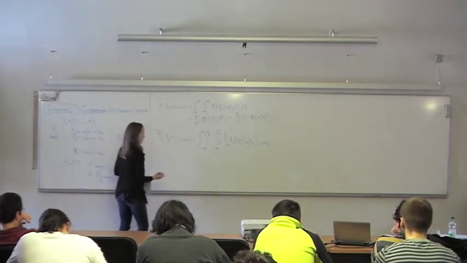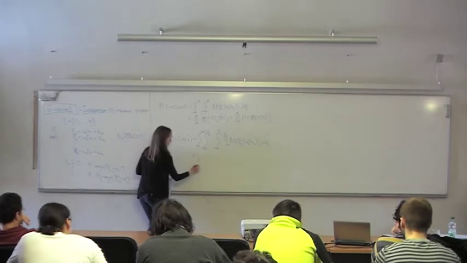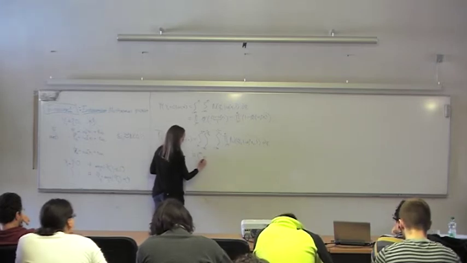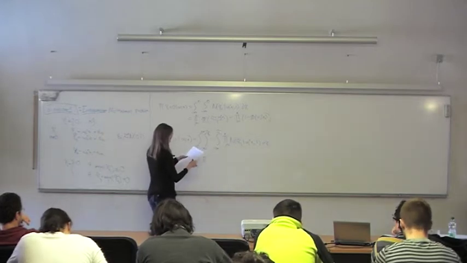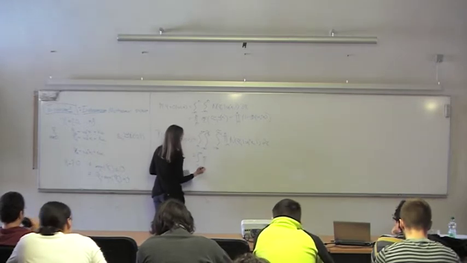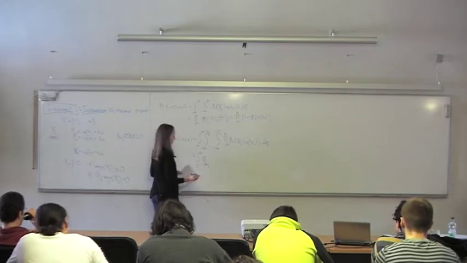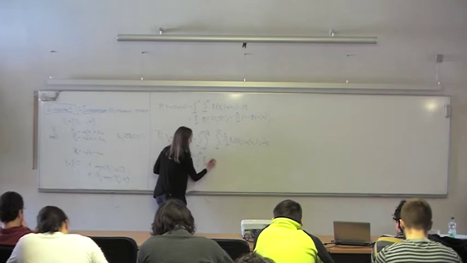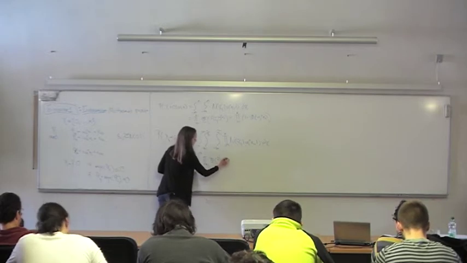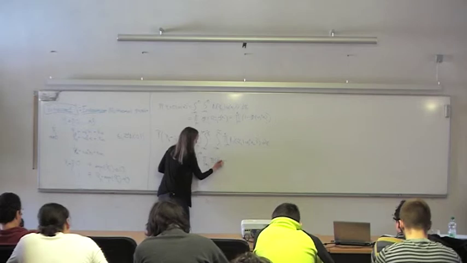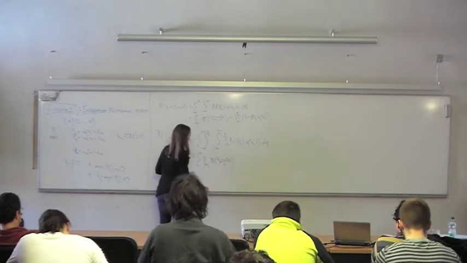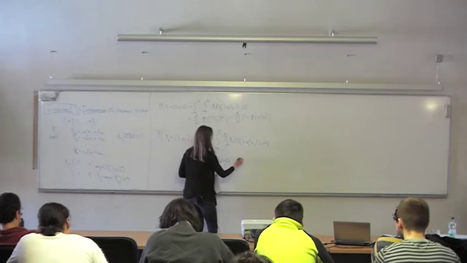Again, we can compute this, and we have the product over j prime not equal to j of phi of yij tilde minus wj prime transpose xi, divided by 1. And then we have to integrate this.